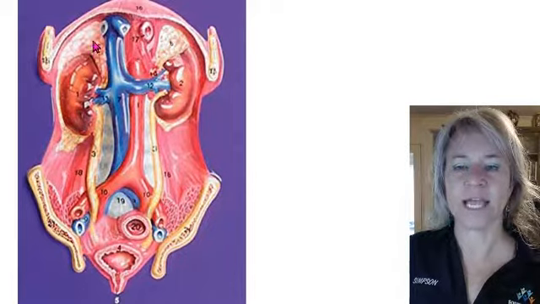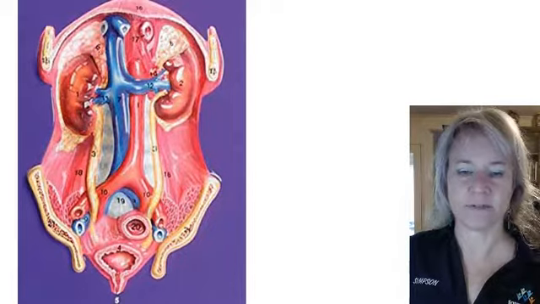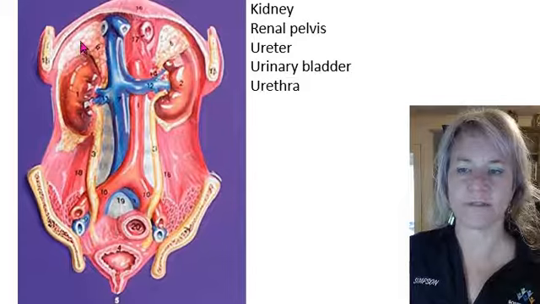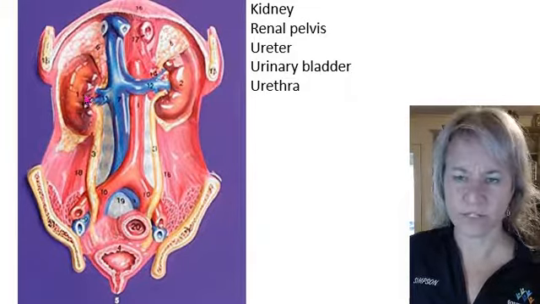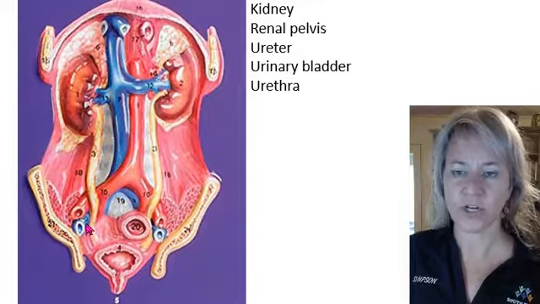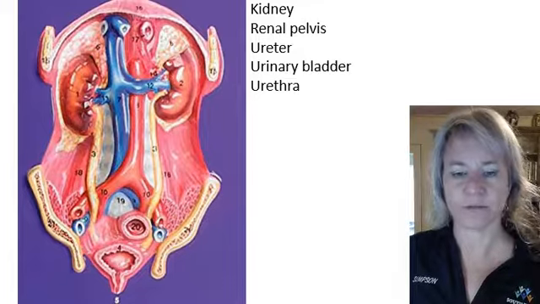What was the name of this gland sitting on top of the kidney? That is the adrenal gland, or suprarenal gland. So you have the kidney, the renal pelvis, ureter, urinary bladder, urethra.